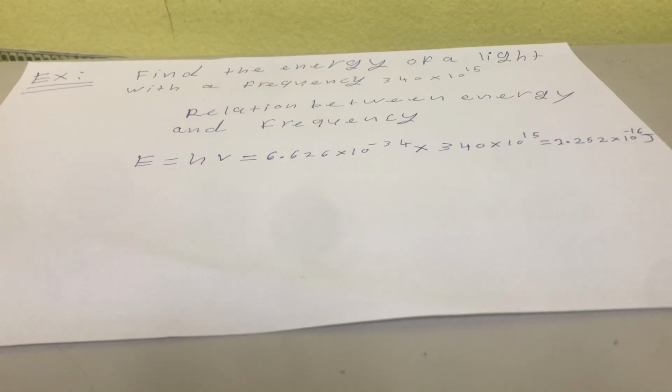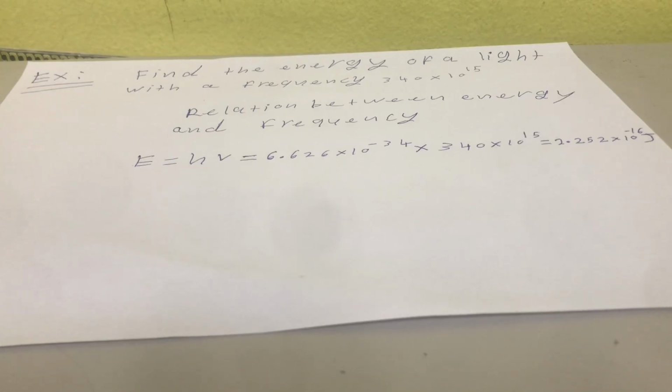Example: find the energy of a light with a frequency of 340 times 10 to the 15. Here we have a relation between energy and frequency, so we use the formula E equals HV, where H is Planck's constant, about 6.626 times 10 to the negative 34, times V, which is the frequency, 340 times 10 to the 15.